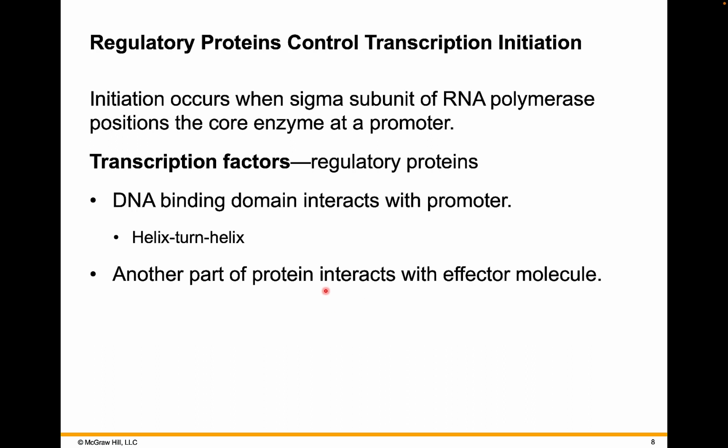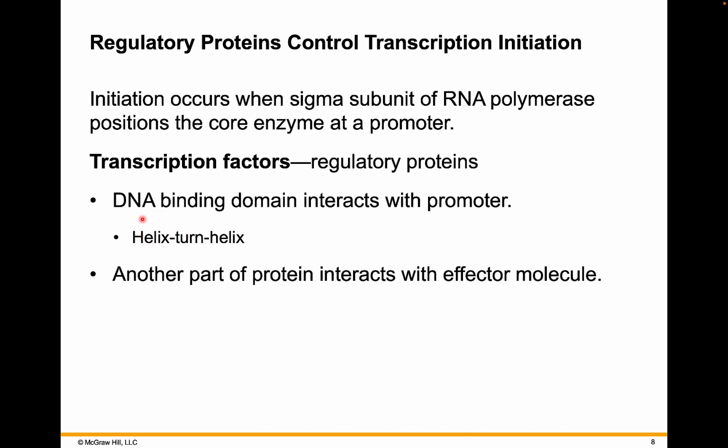So there are many regulatory proteins that control transcriptional initiation. We are going to see that this control happens when the sigma subunit of the RNA polymerase positions the core enzyme at a promoter. There are many transcription factors, which are DNA binding regulatory proteins, and they bind to a specific area where you find a helix turn helix.